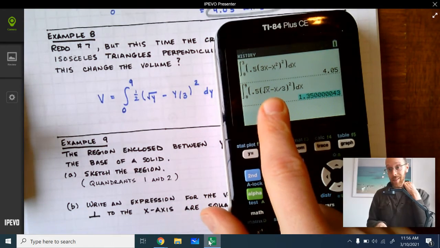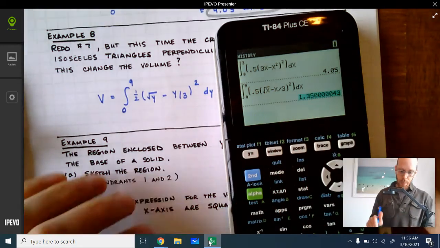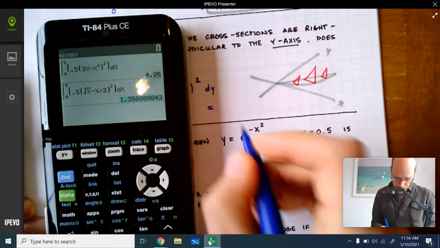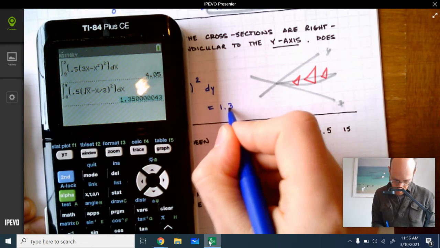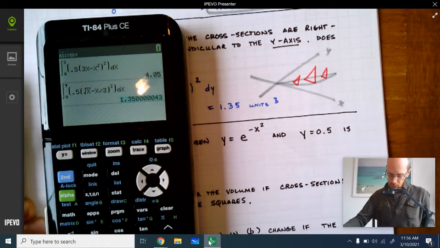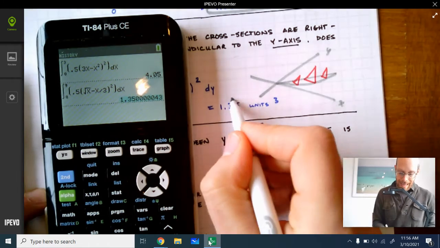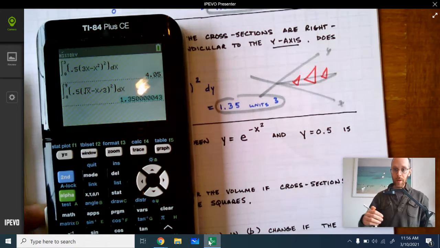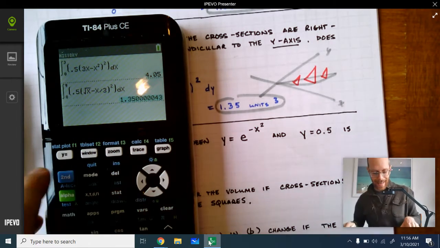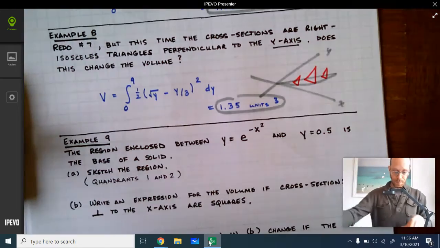Notice when you put it in the calculator, you still got to use x's. And I came up with a different volume than we got on number 7, which is 1.35 units cubed. So the answer to the question is yes, depending on your orientation, horizontal or vertical, you're going to get a different volume.